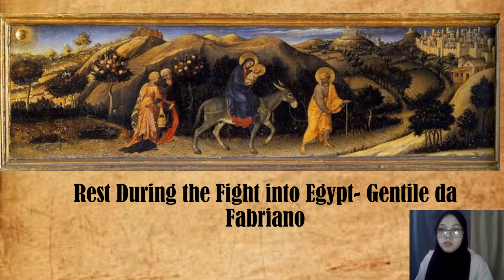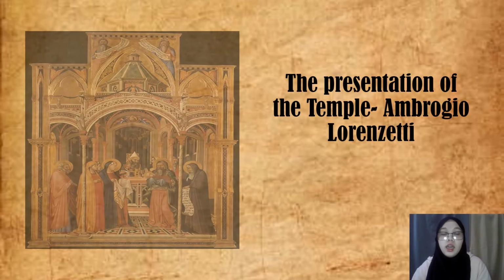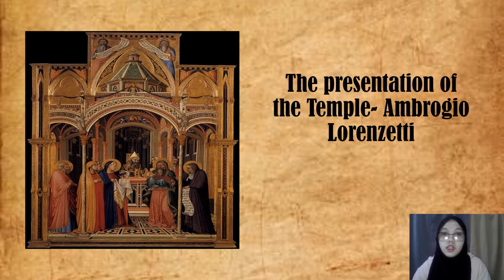And the second one is The Presentation at the Temple by Ambrogio Lorenzetti. The painting depicts the presentation of an infant child, which was customarily done 40 days after birth, in which the mother and the child are purified in a ritual cleansing with prayer.